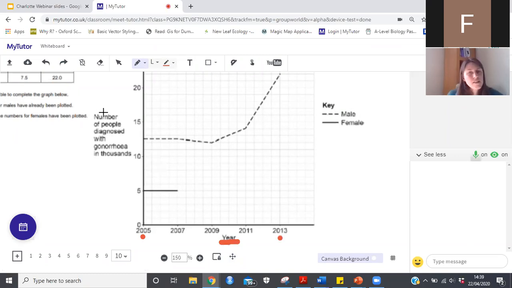And then on the y-axis, we've got the number of people diagnosed with gonorrhea in thousands, which corresponds to our right-hand side 2 columns of our table. Both the graph and the table have the number of people diagnosed with gonorrhea in thousands, so we don't have to do any conversions there to make them fit. So they're literally asking us to put points on the graph.